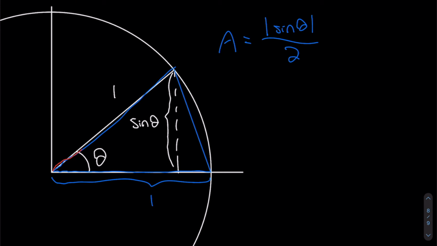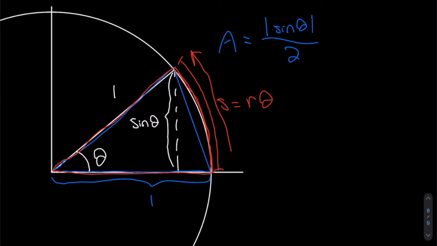Now I want the area of this shape right here. The shape that I'm outlining is like a slice of pie out of the whole circle. The arc length of this slice of pie, if theta is measured in radians, is the radius times theta, because the angle in radians says how many radii the arc length traverses.